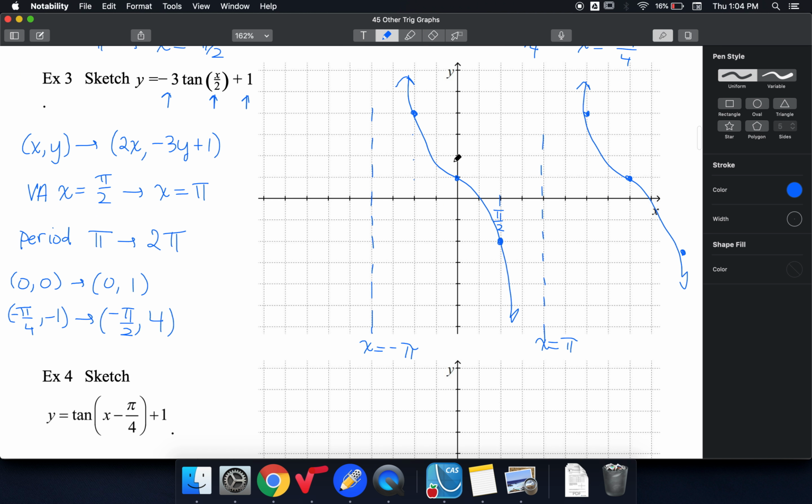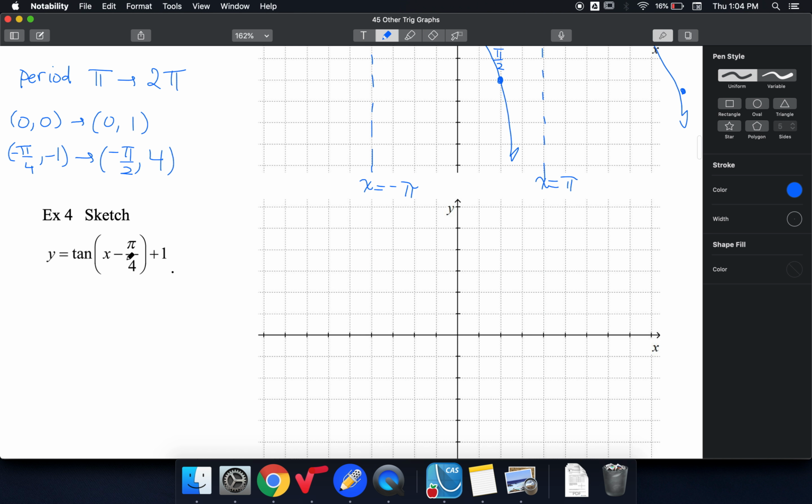Let's do one more. This one has a phase shift. So now my xy, I'm going to take all my x's and add pi over 4. I'm going to take all my y's and add 1. So normally my VA is x equals pi over 2. That's going to become x equals pi over 2 plus pi over 4, which is 3 pi over 4.